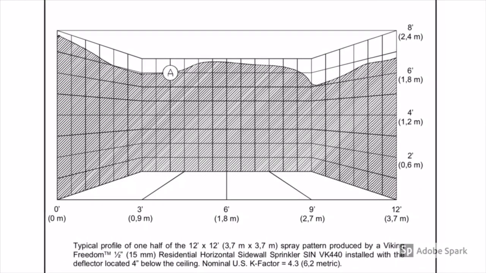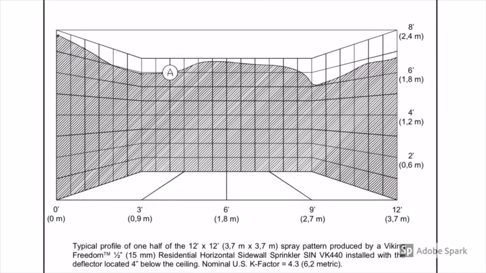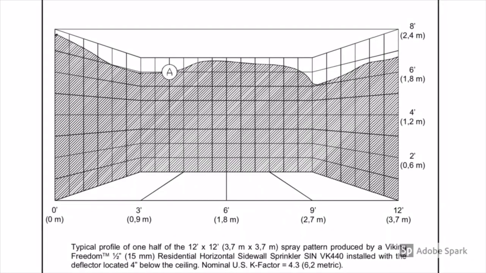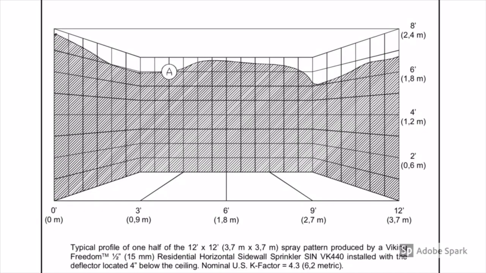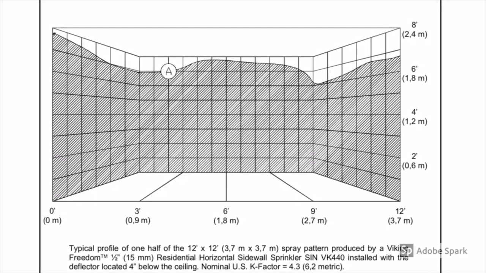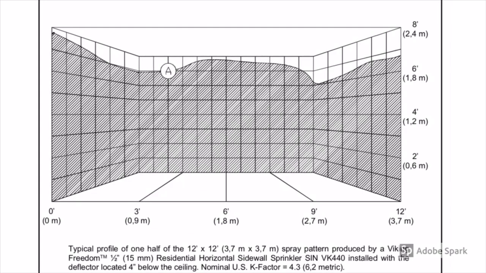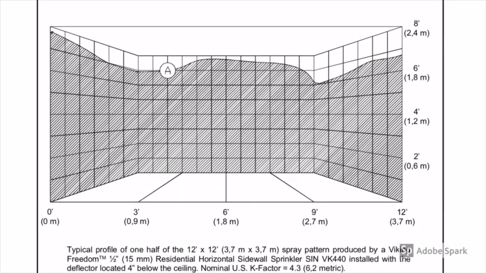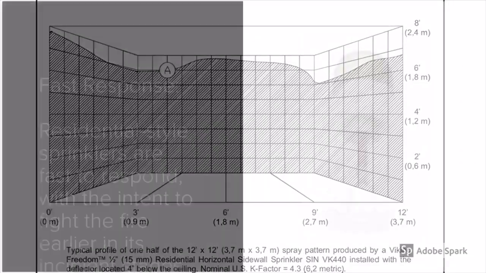Here's an example of a Viking residential sidewall, and it's a 12 by 12 head. And as you can see, 12 foot away, it is still spraying nearly 7 foot up the wall. So this shows the significance of the spray pattern vertical in addition to meeting the horizontal distance.